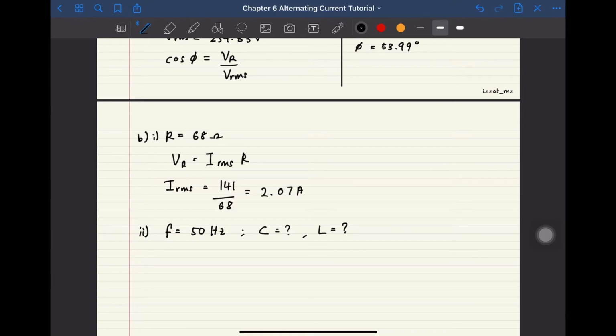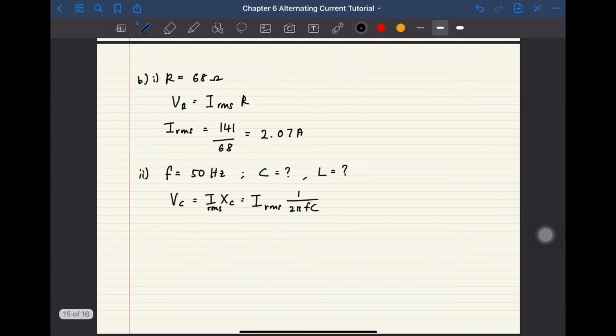If I want to start with capacitance, I can use the formula VC equals IRMS times XC, where XC is equal to 1 over 2 pi FC. So obviously I can find my C inside here.